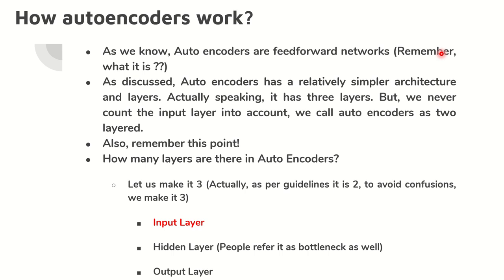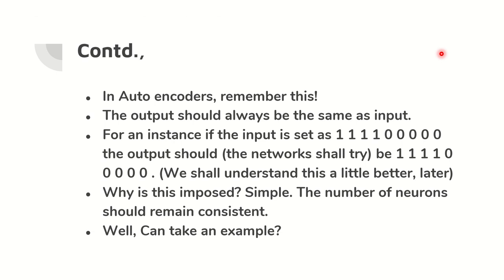The input layer is normally never counted when you talk about neural networks, so officially it is 2 layers. The hidden layer and the output layer are the most seen and valued layers when you talk about neural networks. The hidden layer is also referred to as the bottleneck. Remember it.